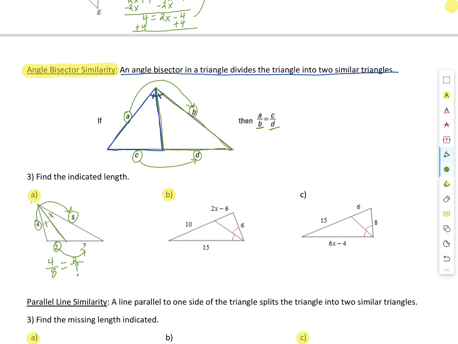So now, like we did in our first or second lesson, I think, now we're going to cross multiply. So we need to multiply 4 times our question mark, and then 2 times our 8. So 4 times question mark gives us 4 question marks. It's equal to 2 times 8, which is 16.